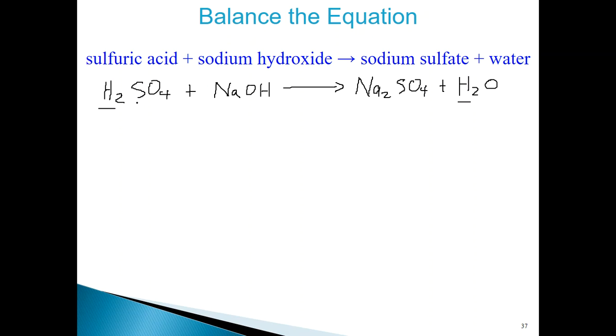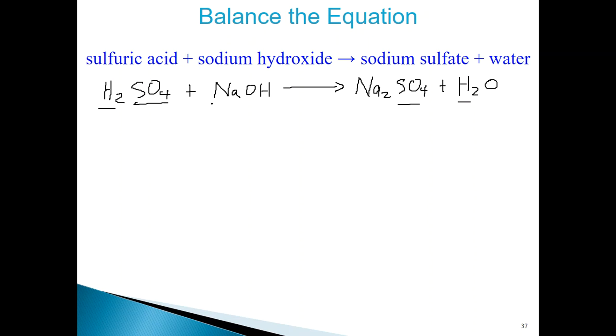And what you can do is treat that unit as if it's an element itself or an atom itself. So I can look at this and say, well, I have 1 sulfate here, and on this side I have 1 sulfate here. So therefore the equation is balanced as far as the sulfate is concerned. So in other words, I don't need to separate into sulfur and oxygen when it comes to balancing that part. I could just treat the sulfate as one intact unit.